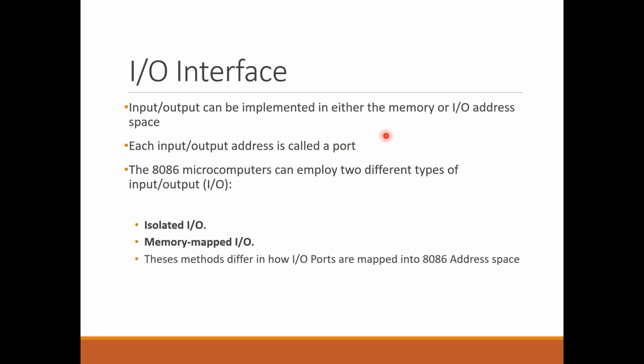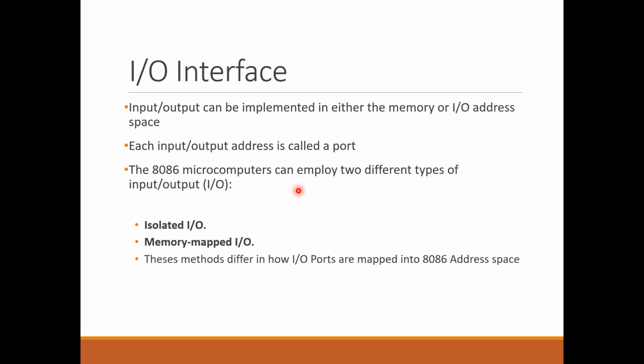Whenever we access a memory location, it is called a memory location, but any address which belongs to input or output devices is called a port. So through the ports we can access any input or output device.